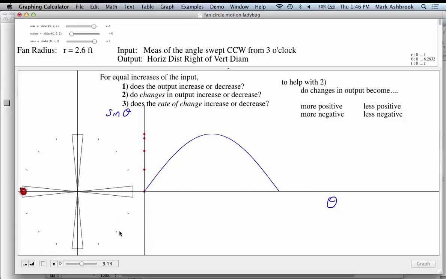Okay, third quadrant. Taz. So what does the value of sine do as theta goes from pi to 1.5 pi? Goes from what to what? As the angle increases from pi to 1.5 pi, what does the sine do?